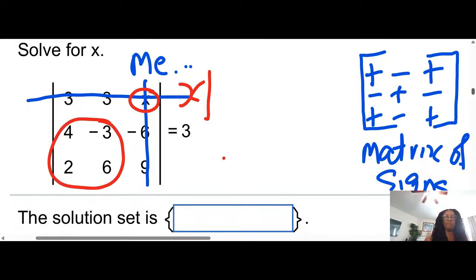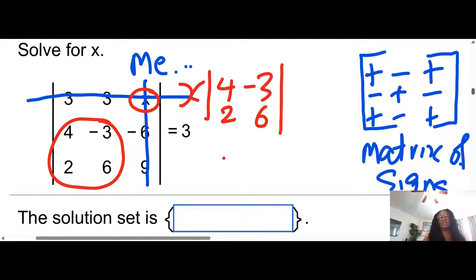This 2 by 2 matrix is 4, 2, minus 3, 6. And I'm going to evaluate this, 4 times 6. By the way, for now, I will not evaluate it. Now, this x is positive because the matrix of signs is positive.